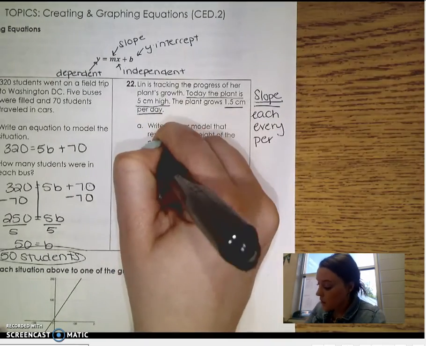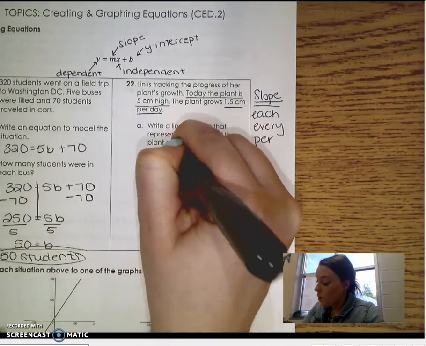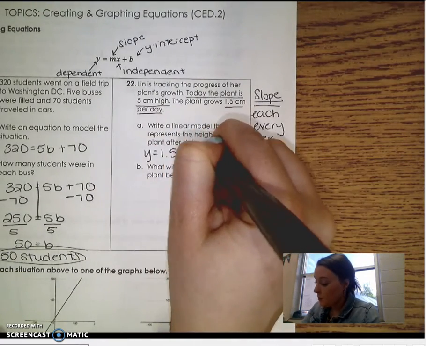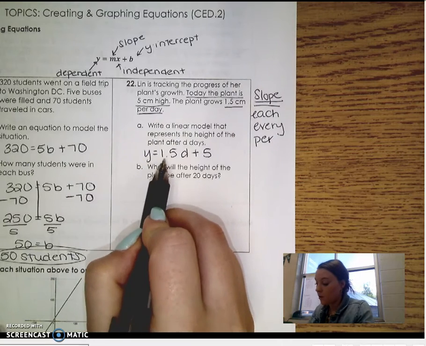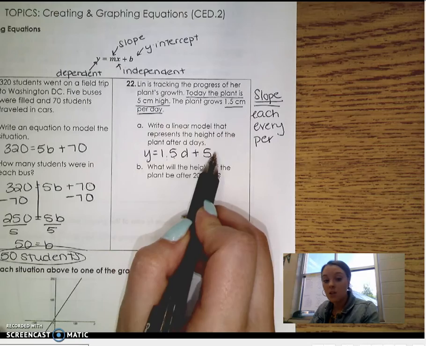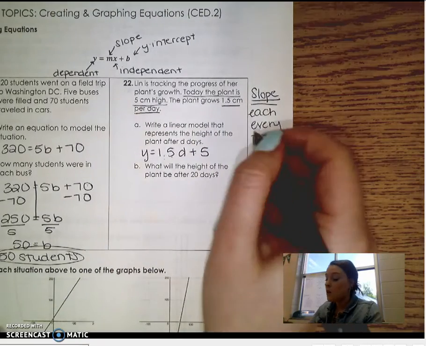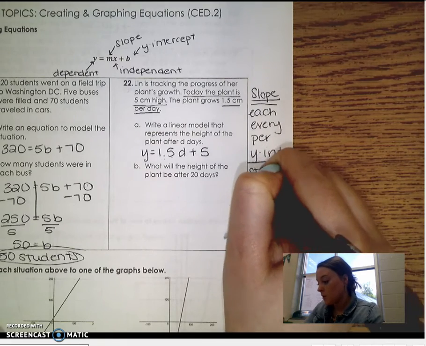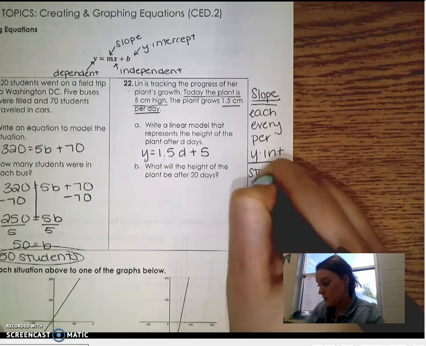So we're going to say y equals 1.5d plus 5. The plant grows 1.5 centimeters per day, and it's starting at 5 centimeters. So your y-intercept is always your starting value.